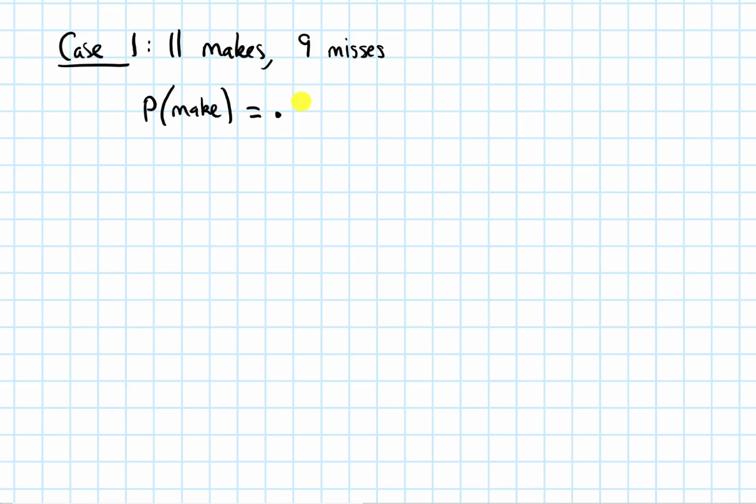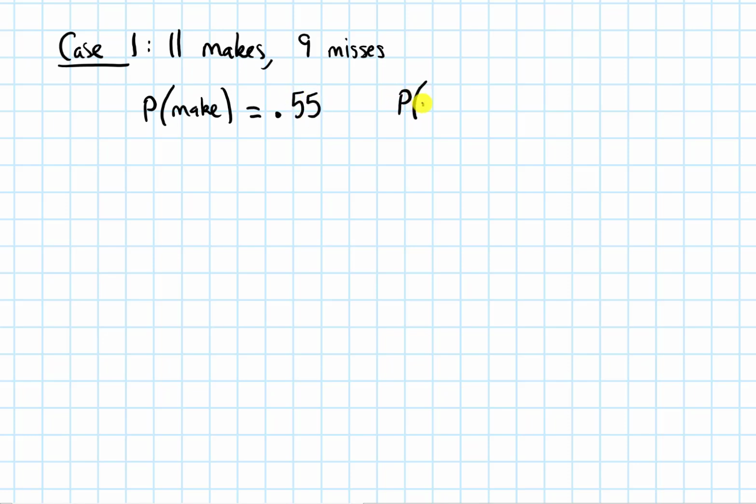Let's look at case 1 first, where he has 11 makes and 9 misses. When we have two possible outcomes like this for each of the trials, either a make or a miss, I can write down the probability of a make, which is 55%. As a decimal, that's 0.55.